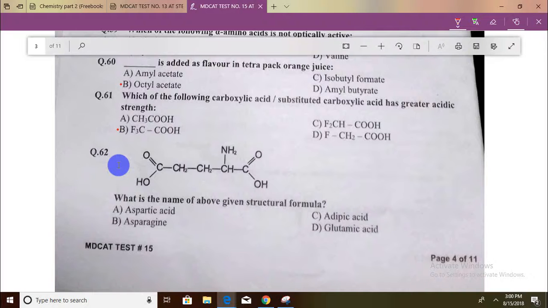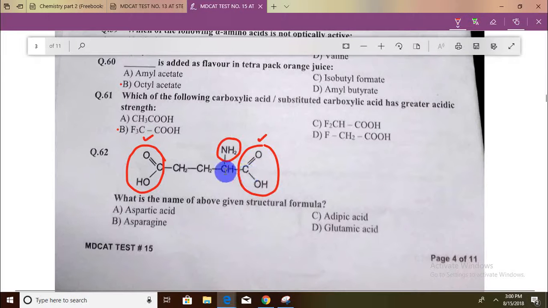So what is the name of the above given structural formula? Well, you'll have to look at how many functional groups we have. We have 2 carboxylic acid groups and 1 amine, and these have clear priority.